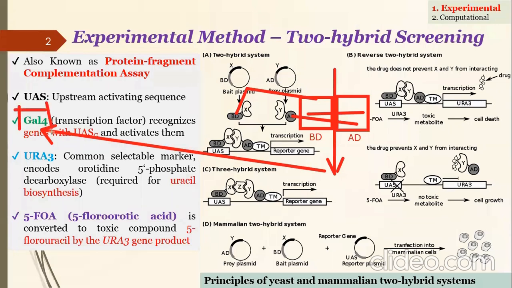GAL4, as we already said, is a transcription factor, so it will do the transcription of the reporter gene. If the reporter gene is transcribed and functional, that means the X protein and the Y protein are actually interacting. So indirectly, we determine that X and Y are interacting because the reporter gene is functional now.